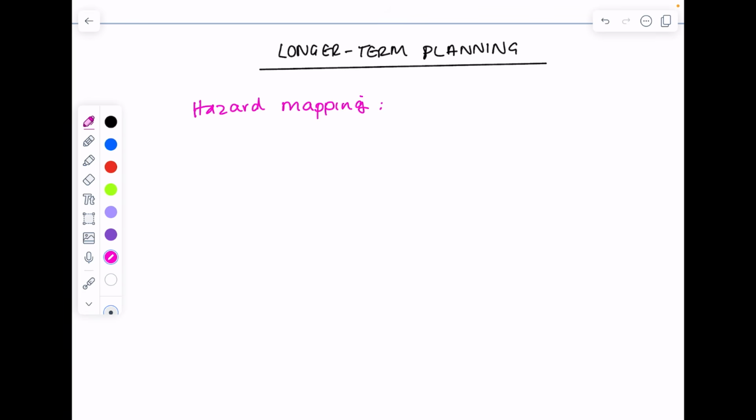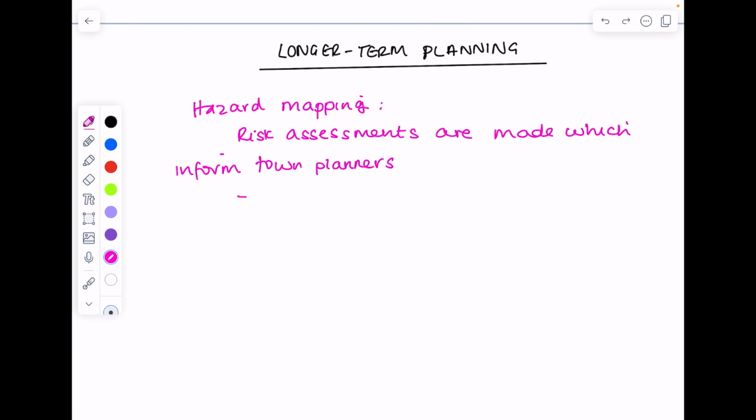This involves risk assessments being made, which inform town planners of really two things: which buildings need reinforcing and where to avoid building on.